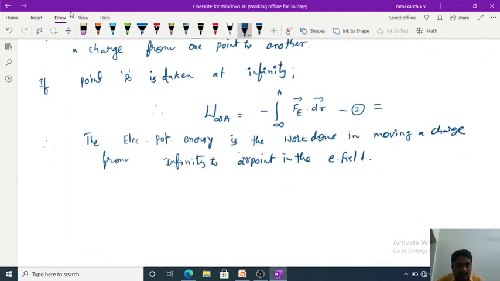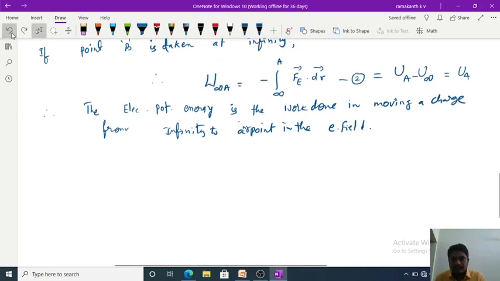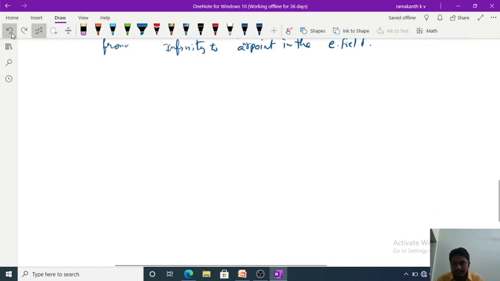Here the change in potential energy U_A minus U infinity equals U_A. Right. Next, what is electric potential? Next topic, electric potential.